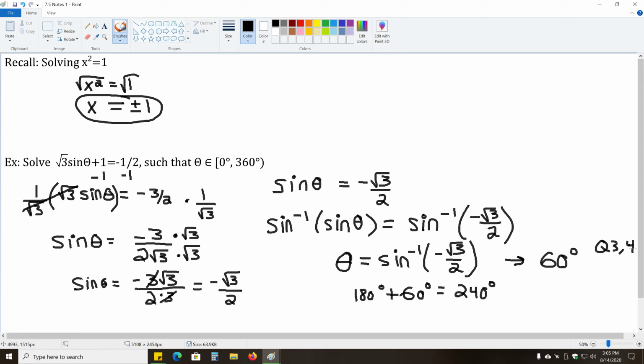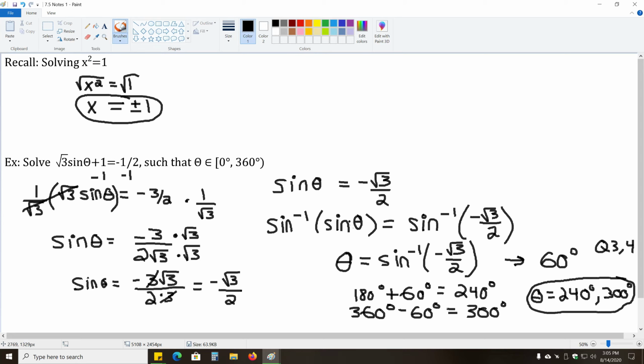And now when you're in quadrant 4, typically you would take your angle and subtract it from 360 degrees, and we're still going to do the same thing here. We have 360 degrees, and we will subtract our angle from it, which leaves us with 300 degrees. So theta is equal to 240 degrees as well as 300 degrees.